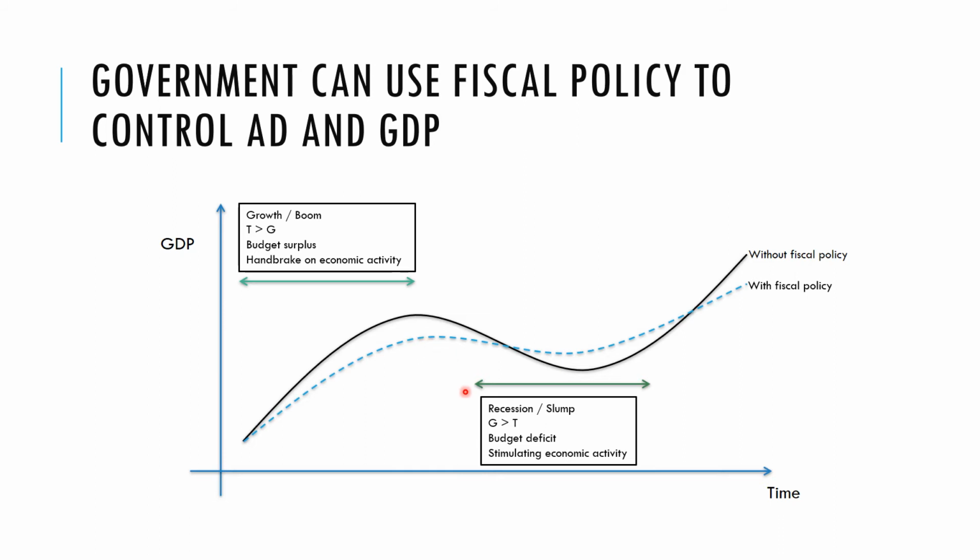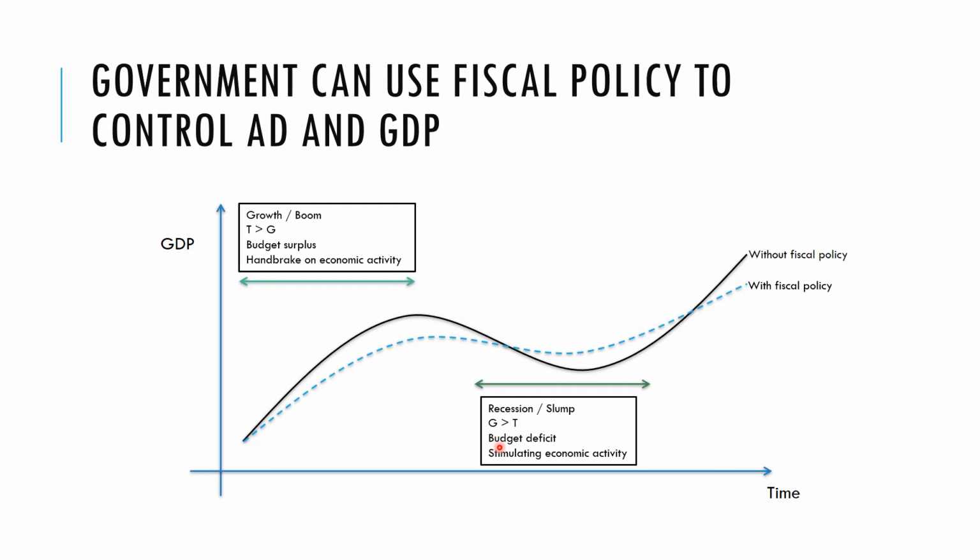Let's now have a look and see what would happen during a recession or a slump. Now, during a recession or a slump, economic activity would be declining, GDP would be decreasing or at a low level. Now, in that instance, when GDP declines, incomes decline, GDP is low, we would see less taxation, a low level of taxation. We're also likely to see more welfare payments from the government and increased government spending.